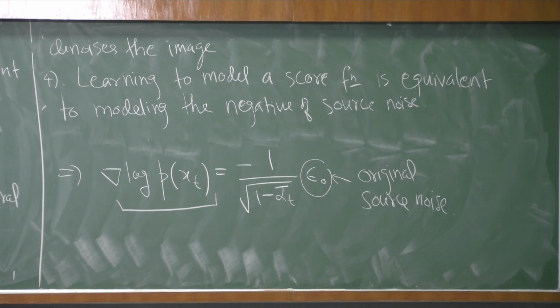We have concretely written the KL divergence between the ground truth and the predicted distribution. We kept the variance the same, and we allowed the transition mean to change. When we did that, we had three different interpretations. First, we try to approximate the original x naught, the real image. In the next interpretation we solve using the reparameterization trick, and say that it's essentially equivalent to predicting the original noise.